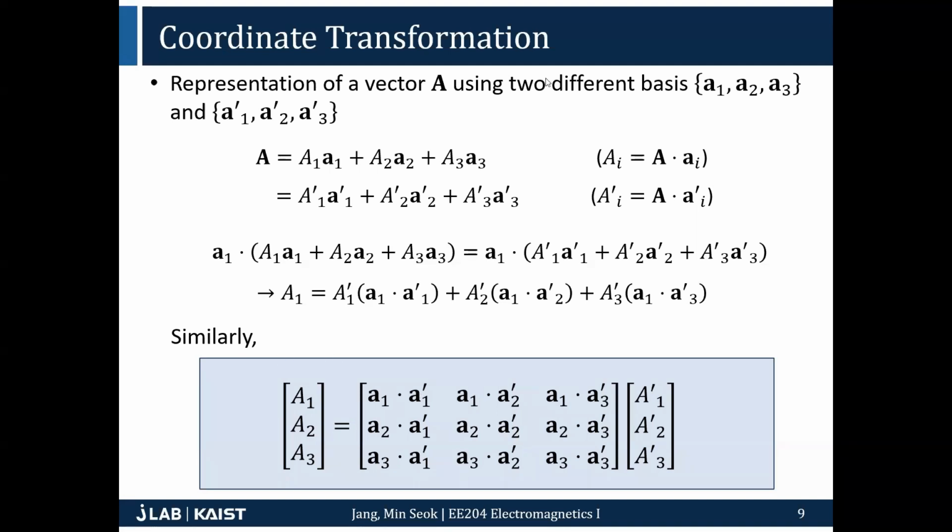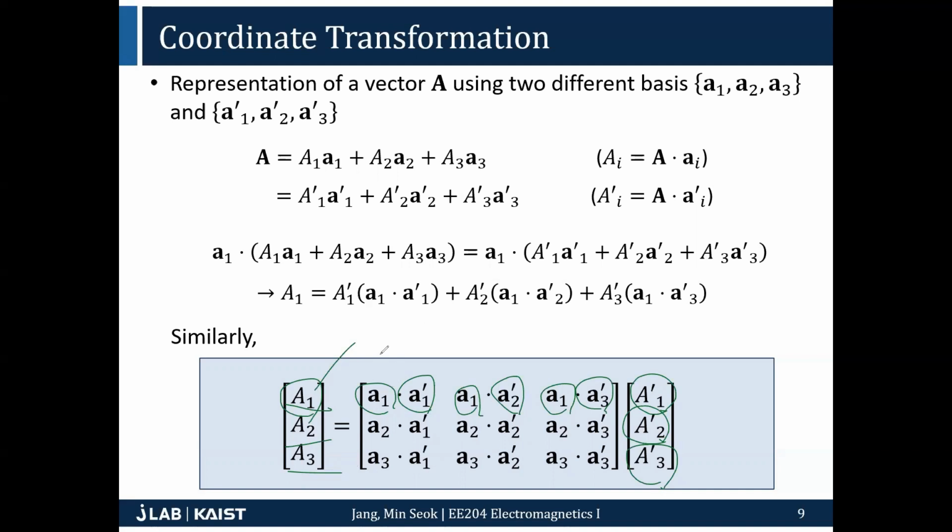So if you just look at the first row, A1 is A1 dot A1 prime, A1 prime, A1 dot A2 prime, A2 prime, A1 dot A3 prime, A3 prime. Add them up, and that's A1, right? And similarly, the other axis you can easily interpret, right?